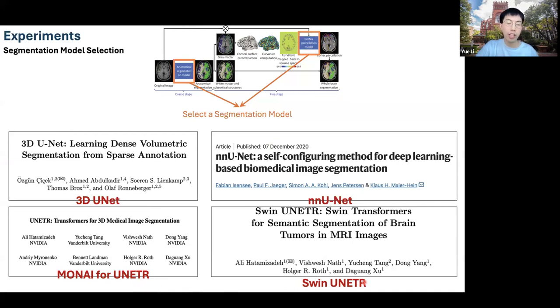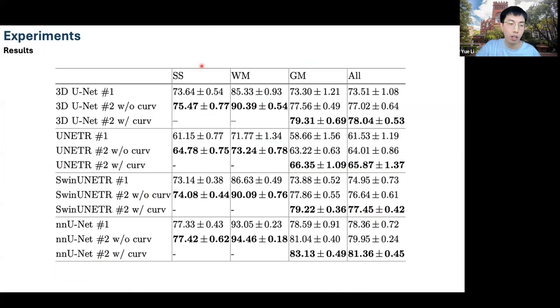And they tested this pipeline with these models, compared with their plain versions, and show the results in this table. They compared the average dice score of the subcortical structures, the white matter, and all the gray matter subregions.